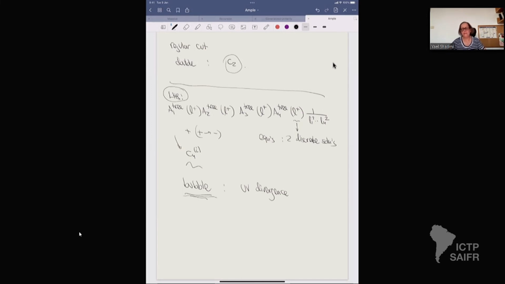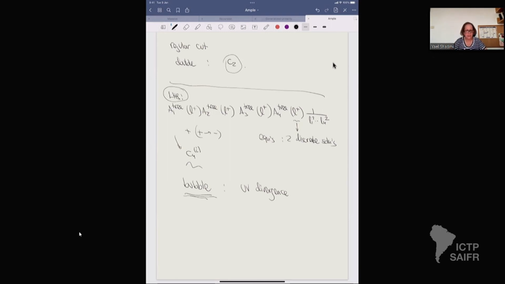And of course, it's the one that's hardest to determine, because the bubble integrals contribute in the double cuts, in the triple cuts, and in the quadruple cuts. Sorry, I want to say the other way around.